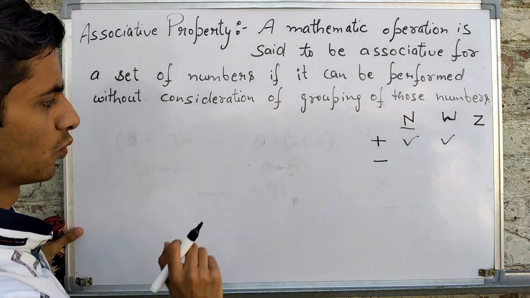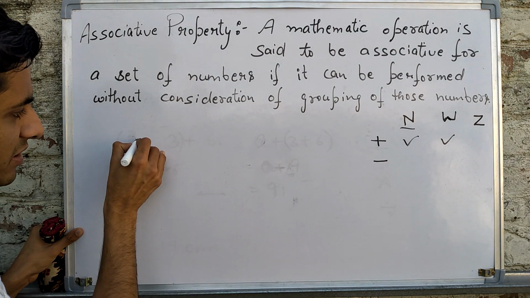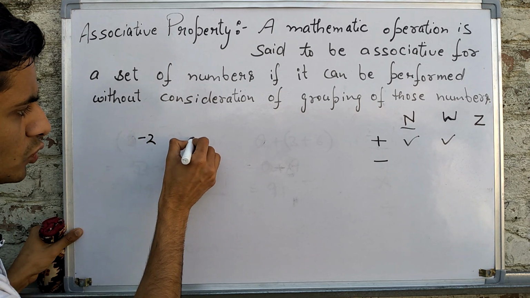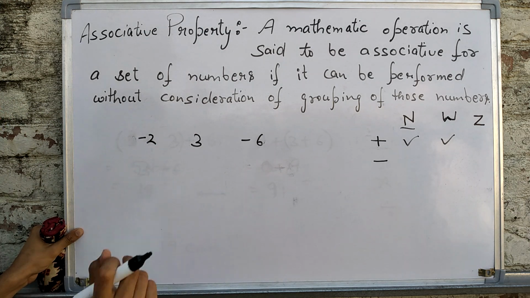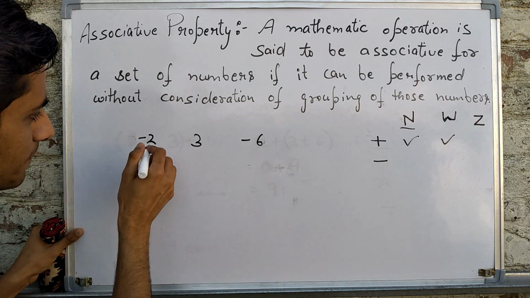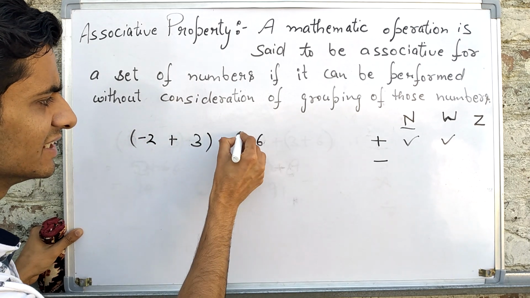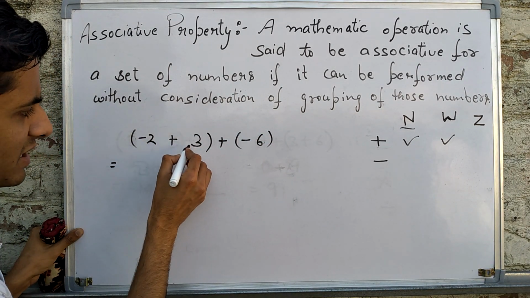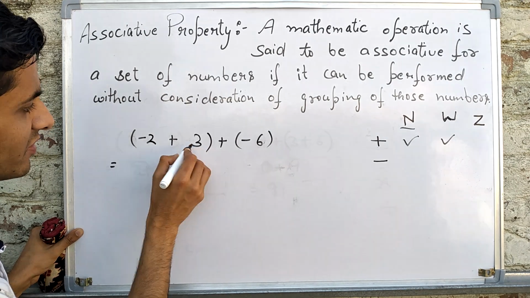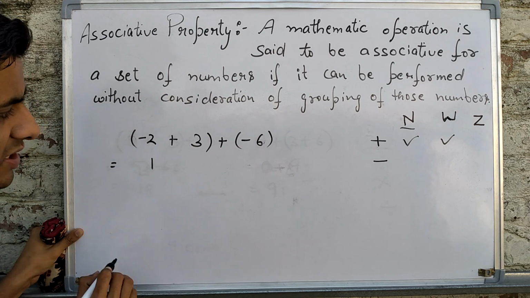For integers, let us add negative numbers: -2, 3 and -6. Suppose these are the three numbers that I have and I want to add them. One thing I can do is add these two first and then add this. So the answer would be -2 plus 3: one number negative, one number positive, so you take the difference, which comes out to be 1, with the sign of the bigger number, positive.